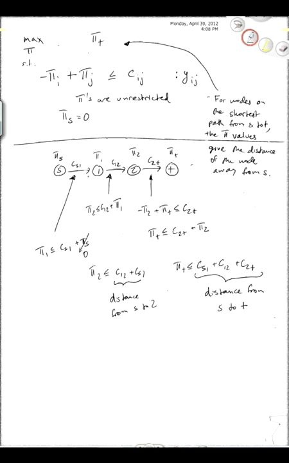Node 1 and node 2, they were on the shortest path from S to T, and so their pi values got set exactly to be equal to the distance of that node away from S.